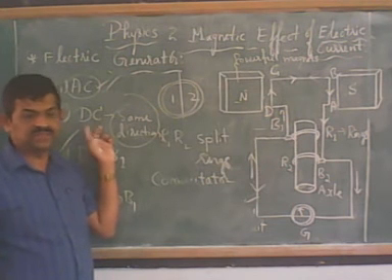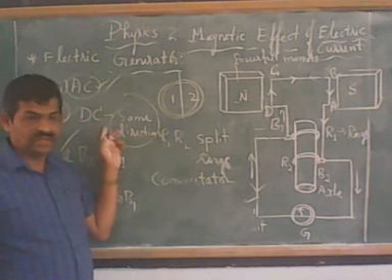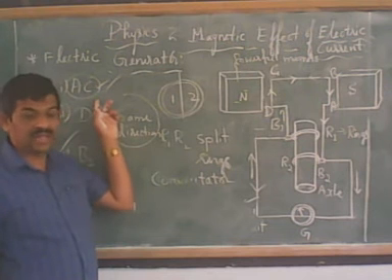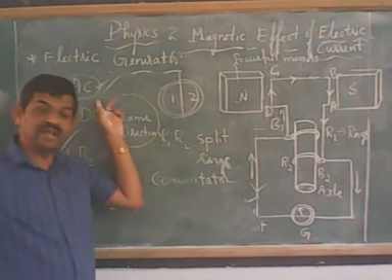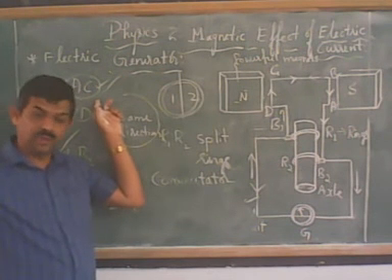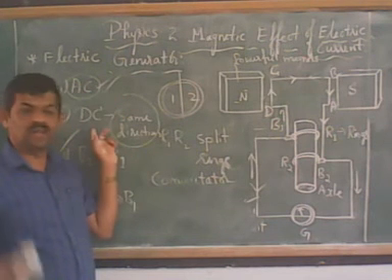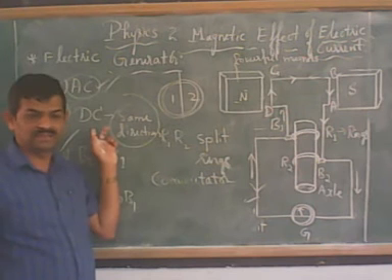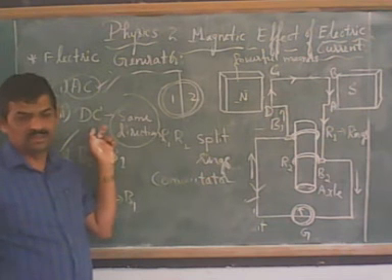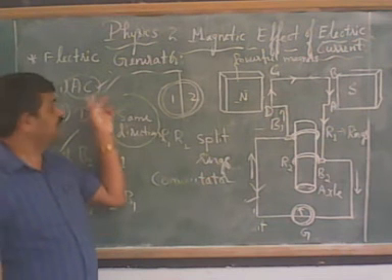This is very important to understand. Alternating current can be transmitted over longer distances from the powerhouse, the generating center, without much loss of energy. But direct current cannot be transmitted like this over a longer distance. That is the main advantage of AC.